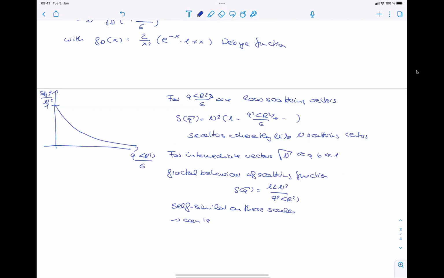So I can't observe that the polymer has a finite length, nor that it is built of individual segments.